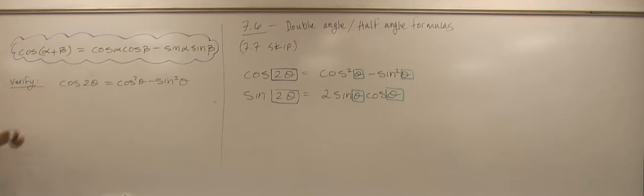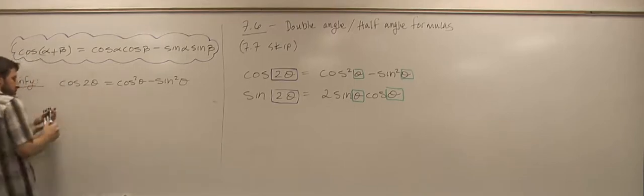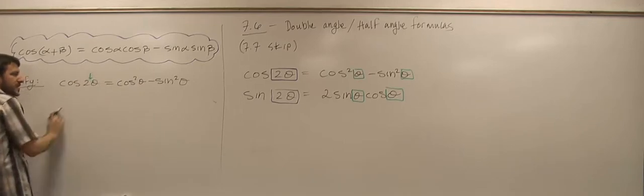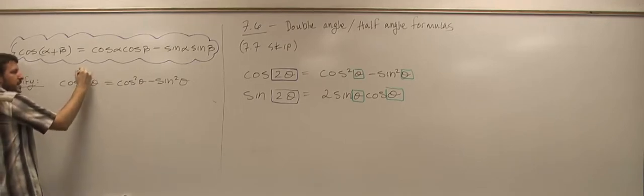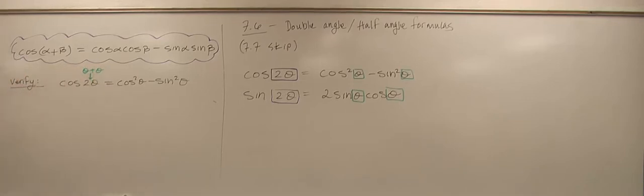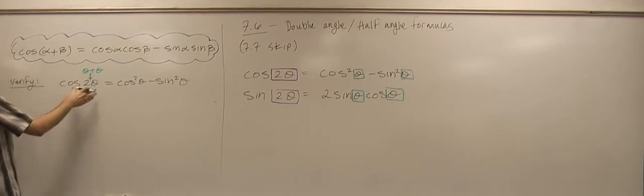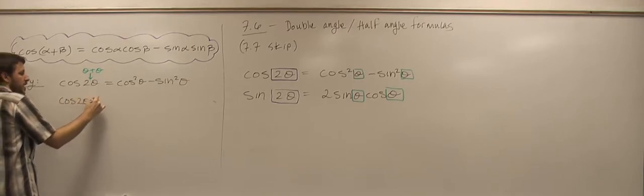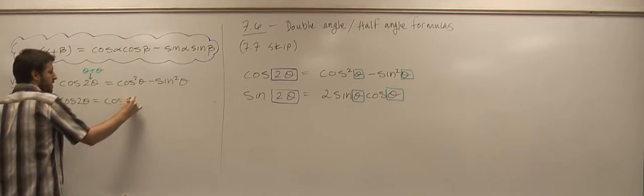So you want to derive this formula, the trick is to realize that 2 theta is an addition problem. Right? 2 theta is really theta plus theta. So just to get our foot in the door here, we can derive this first formula by saying cos 2 theta equals cos theta plus theta.